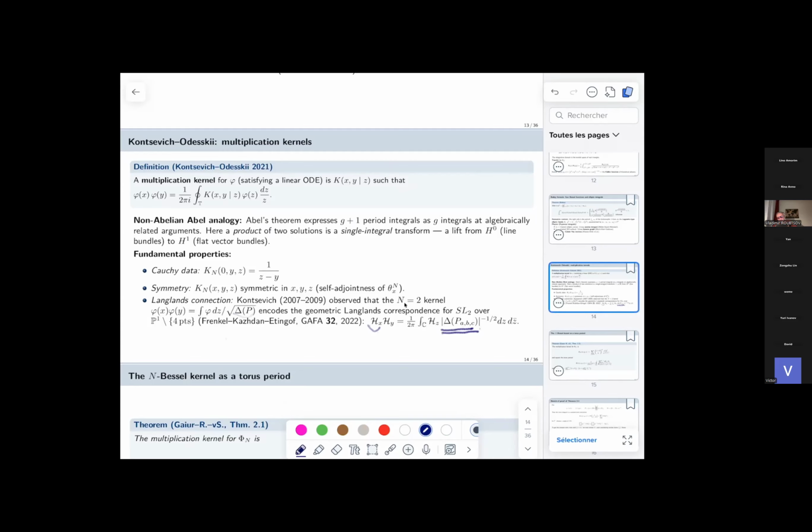What is interesting is what differential operator is behind all this. The differential operator behind all this is the Heun operators.